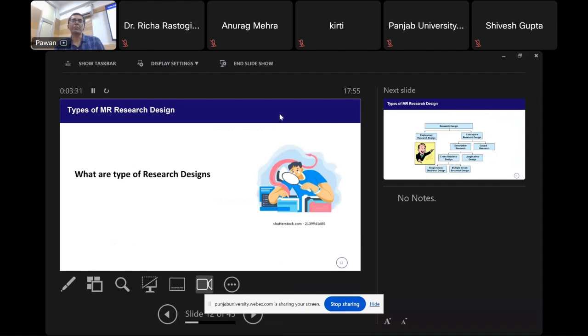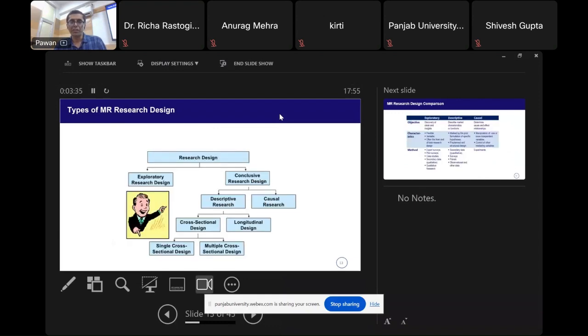Then there are certain types of designs which can be deployed in MR. This is a little bit on concepts in MR, broad theory of MR. You could have exploratory research where you are not sure of the problem, you are not very clear of what questions you have, but you want to understand any field in more depth.